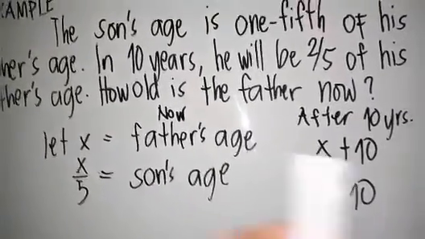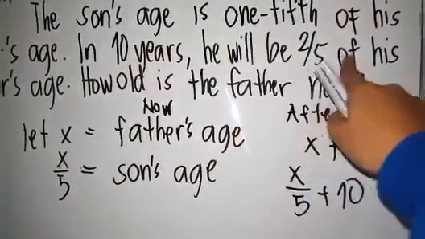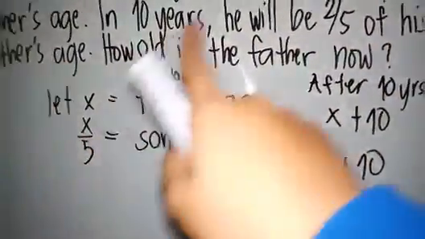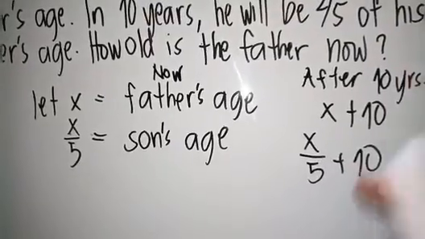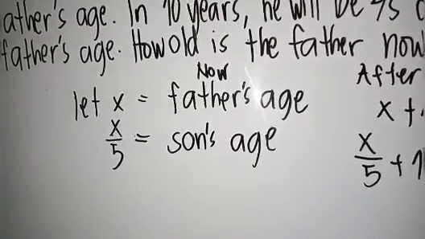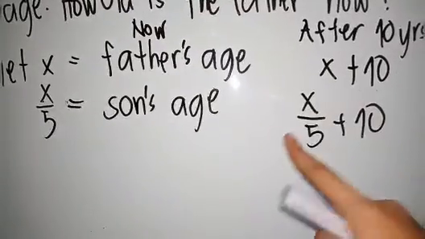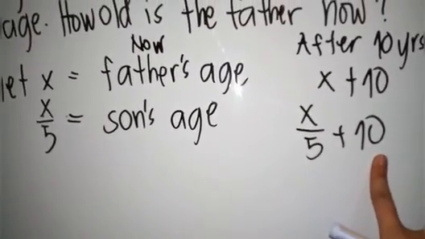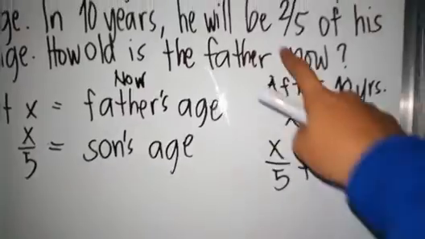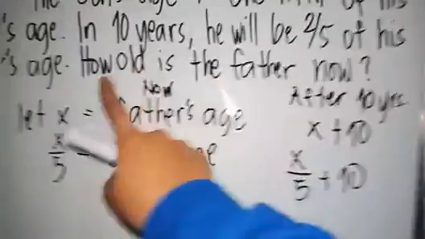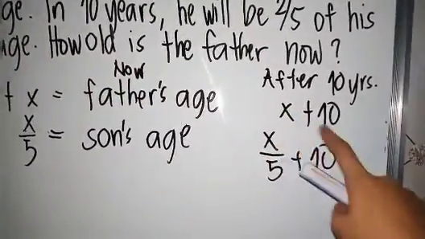At dahil sinabi dito na in 10 years, he will be 2/5 of his father's age. Ibig sabihin, ang magiging equation natin dito ay age of son in 10 years, which is ito, is equal to 2/5, which is ito, 2/5 of his father's age, which is ito.